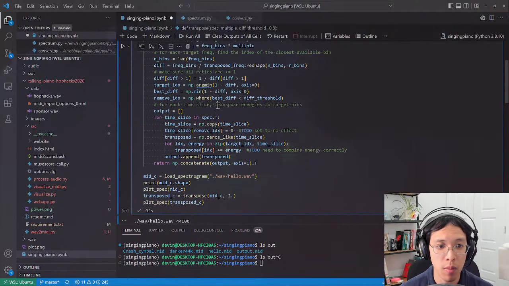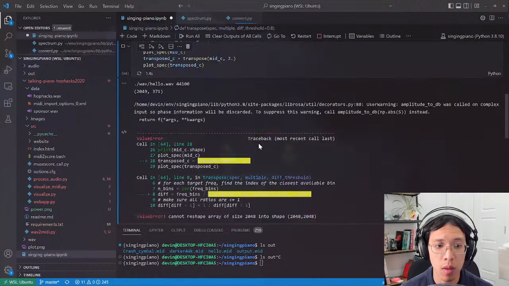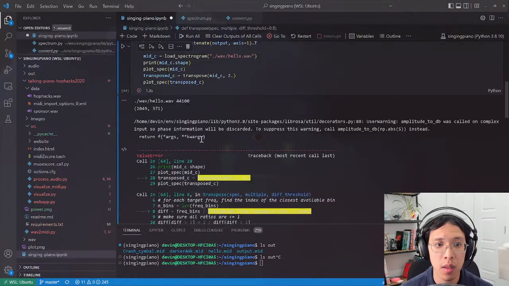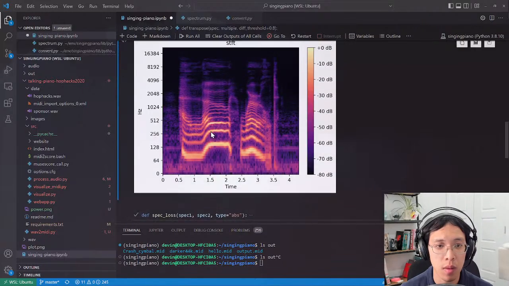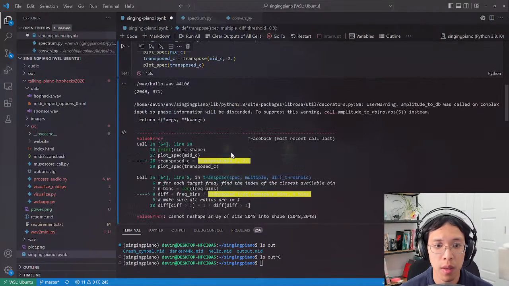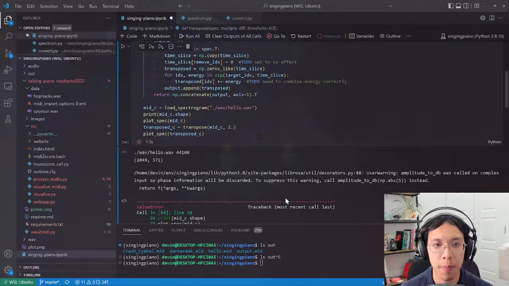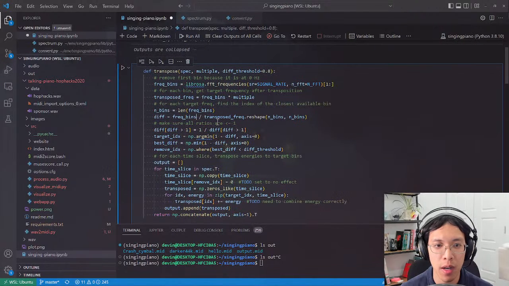Okay, so I'm almost certain this will crash and burn, but we should do it so that we know where the errors are. So it says, okay, so this is the first plot, and then it says there's an error transposing diff frequency bins. Okay, so I did not specify how this should work, that's why. Oh, no, I see what the problem is.